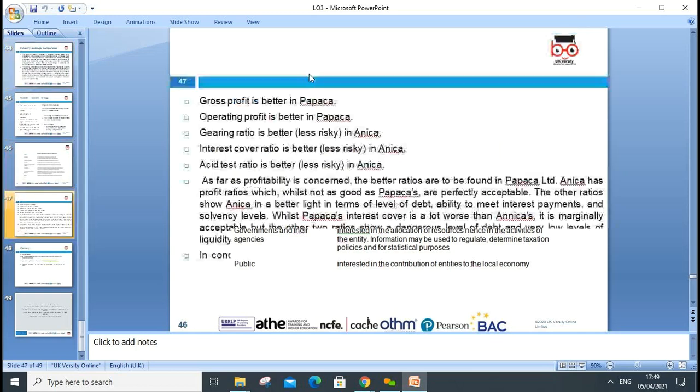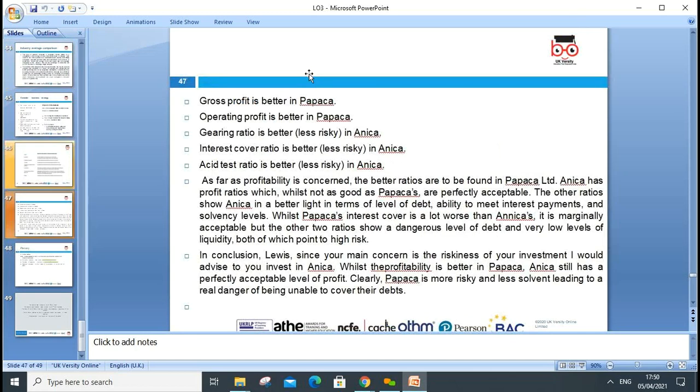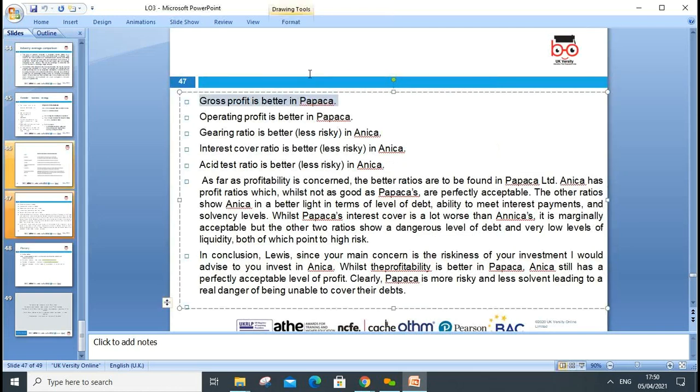So that's all interpretation. According to this, gross profit: Paprika is better; operating profit: Paprika is better; gearing ratio and interest cover ratio: Anika is less risky; acid test ratio too. As for profitability, Paprika has the better ratios, and Anika has a profitability ratio that, while not as good, is perfectly acceptable.